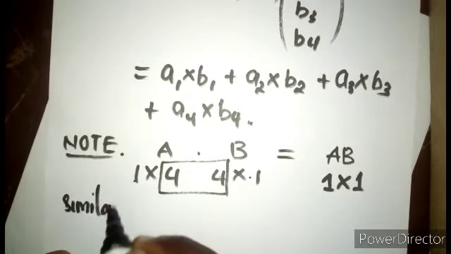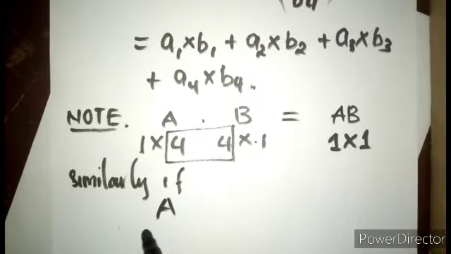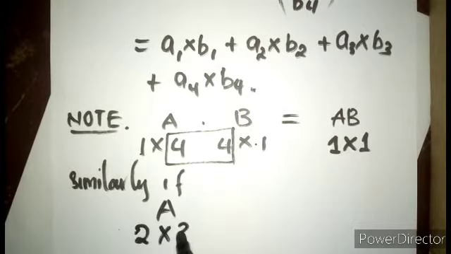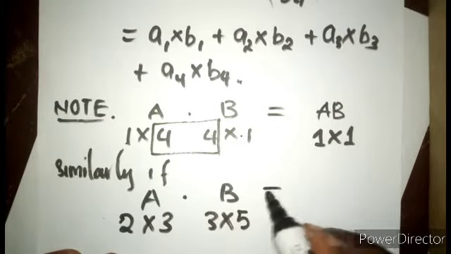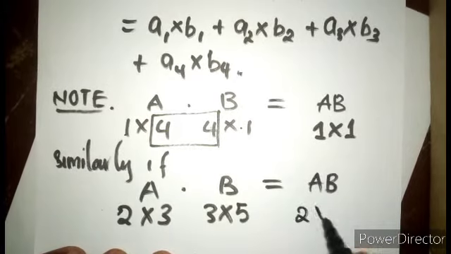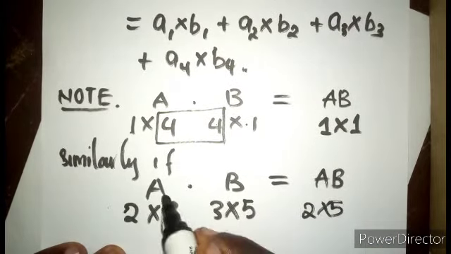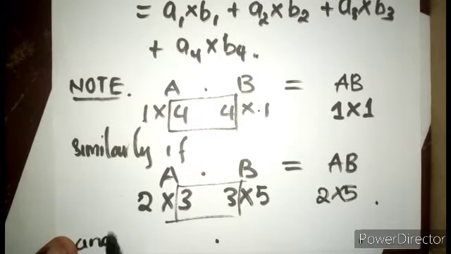Similarly, if A is a 2 by 3 matrix, multiplied with B, a 3 by, let's say, 5 matrix, guess what? AB is going to be a 2 by 5 matrix.